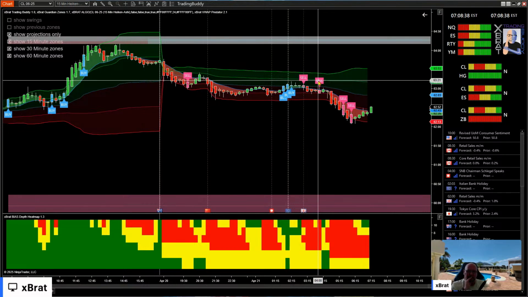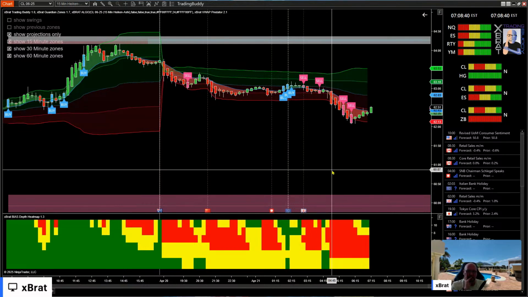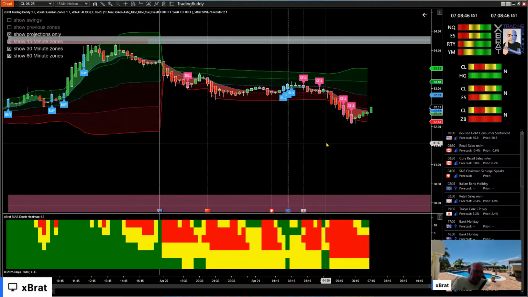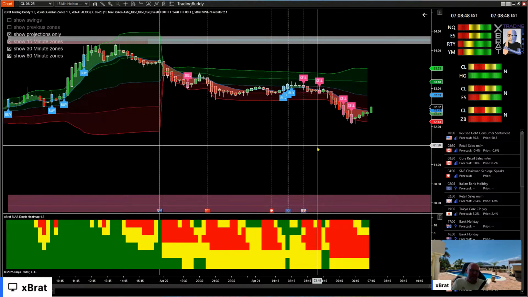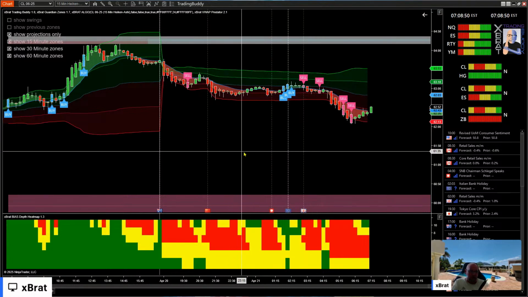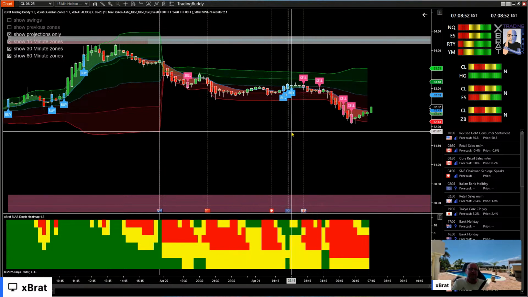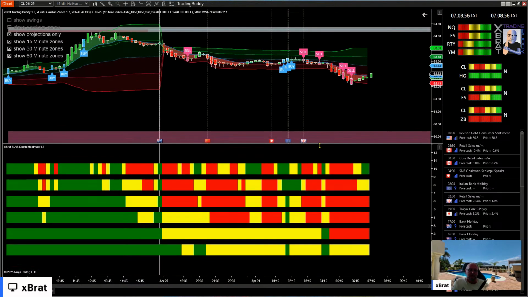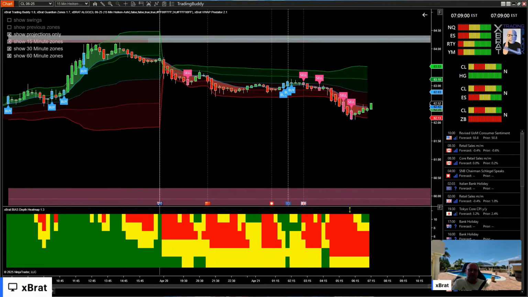You're getting signals here, but signals are given by algorithms that have certain rules. You need the confirmation for those signals to give you some really strong trading opportunities. So the bias depth heat map gives you that. If we zoom out a bit, there's 6 different time frames there with a bias for each time frame.